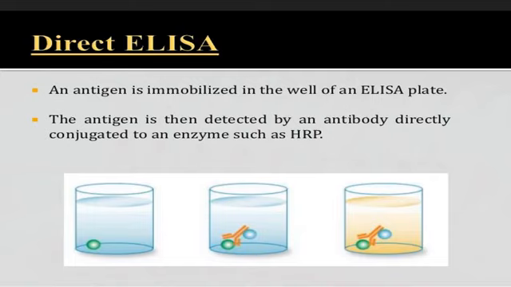The advantage of this technique is that it is very fast and less prone to error, because there are fewer reagents and fewer steps. A disadvantage is that there is no amplification of the signal, because we are not using a secondary antibody to amplify the signal.